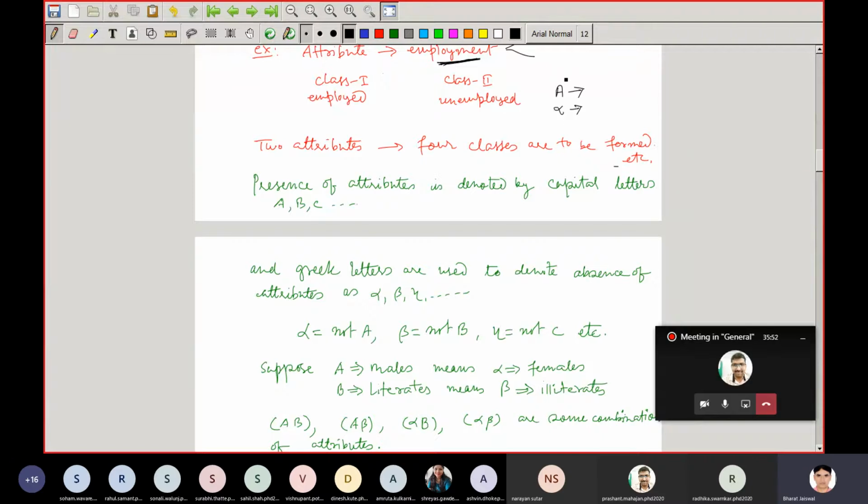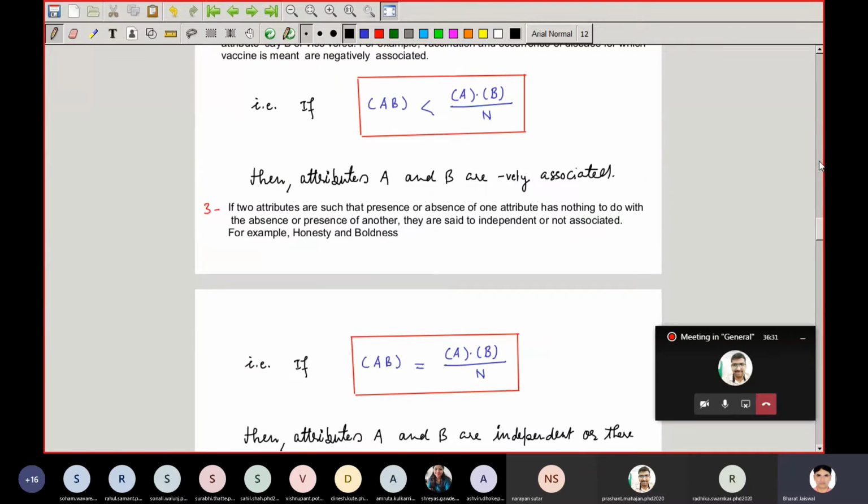So capital letters are used to denote the presence of the attribute, and the Greek letters alpha, beta, gamma, and so on are used to denote the absence of a particular attribute. If you denote employed persons as attribute A, then unemployed will be denoted by alpha. Or if you denote employed persons with capital B, then those who are not employed will be denoted by beta. So this is the notation that we will take here.